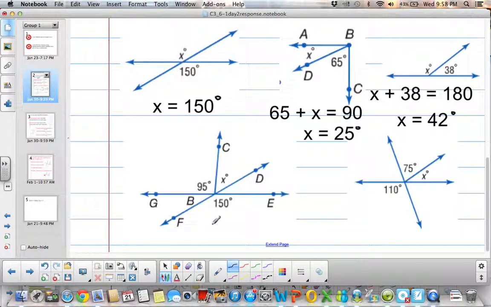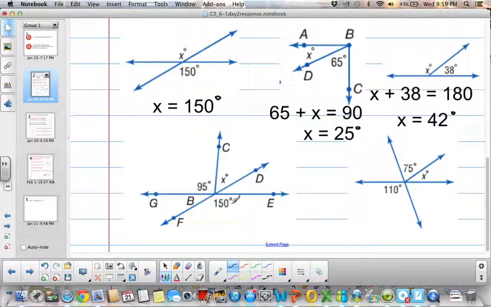Okay, if we look at these ones, it's a little bit trickier, but first we can look at the angles given to us and see what we can use to help us. We know that angle FBE is 150 degrees. There's two lines being intersected right here.